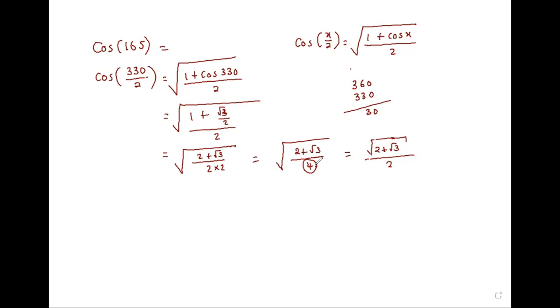So look at the previous week. I'm now moving to E. E is sine 11 pi over 12. What is 11 pi over 12? We first convert. It will be 11 multiplied by 180 over 12.